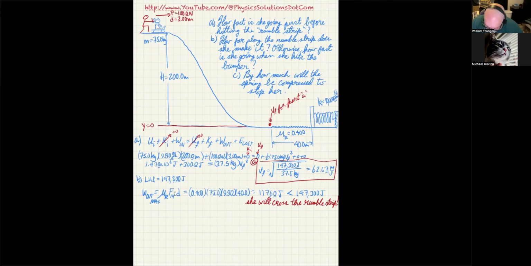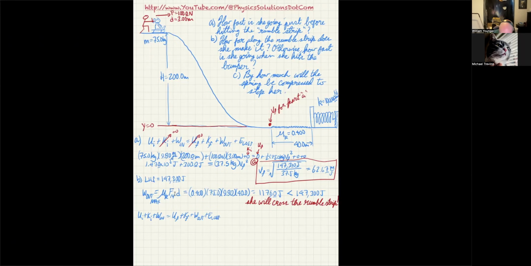So really what we're going to do now is use conservation of energy: U initial plus K initial plus work in is equal to U final plus K final plus work out plus E loss.